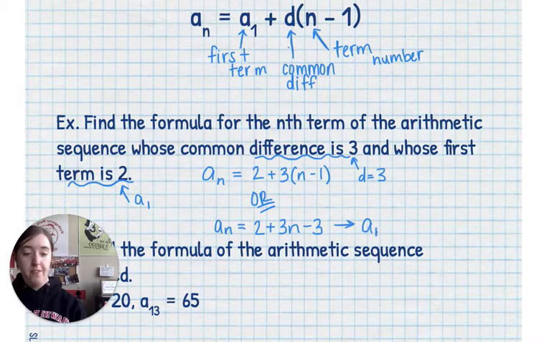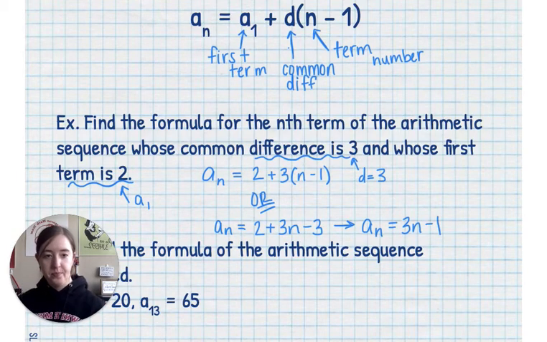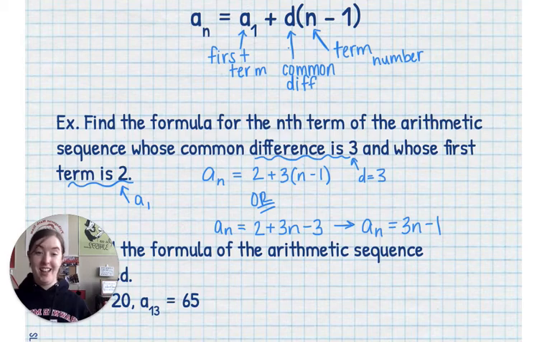If we simplify it, we end up with 3n minus 1. That's much easier to plug things into and solve rather than 2 plus 3 times n minus 1.